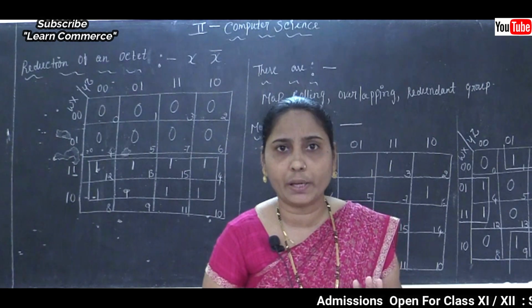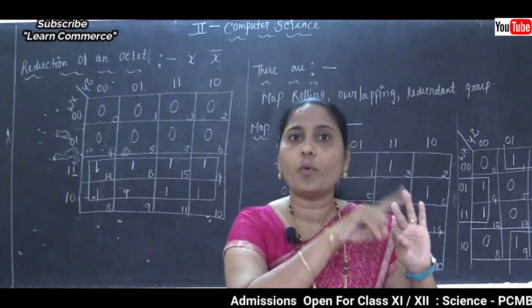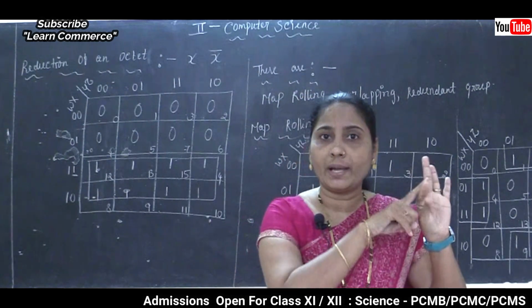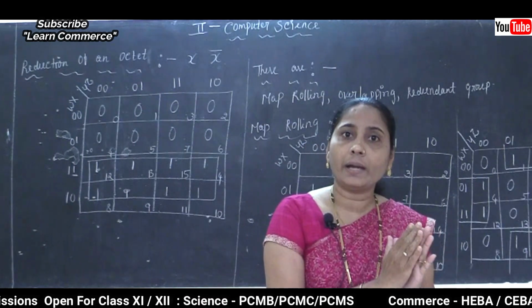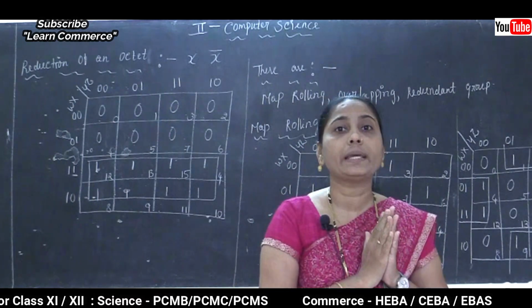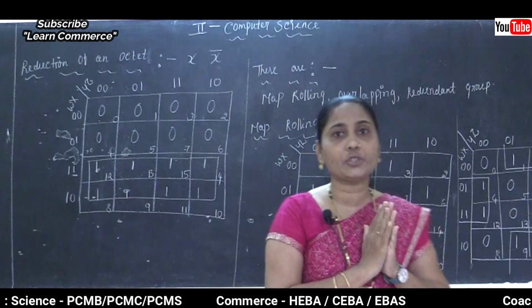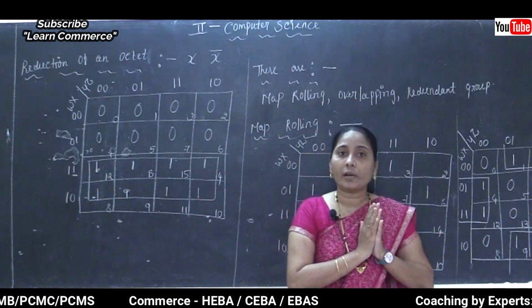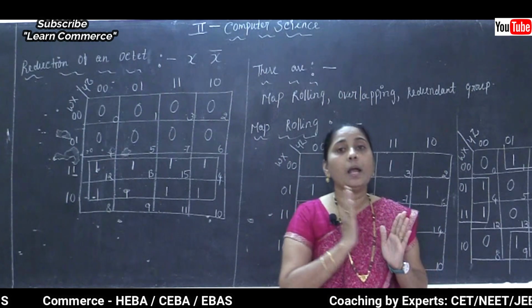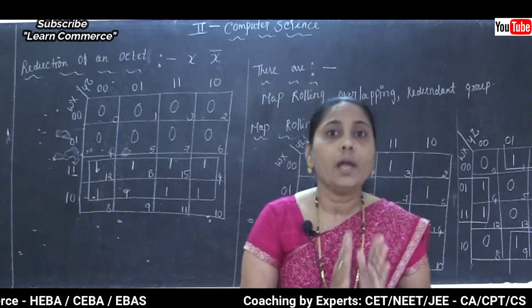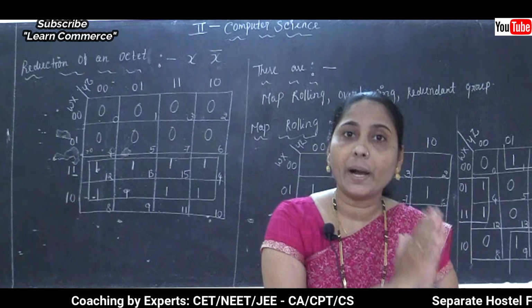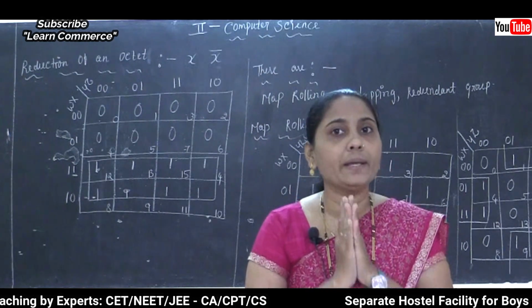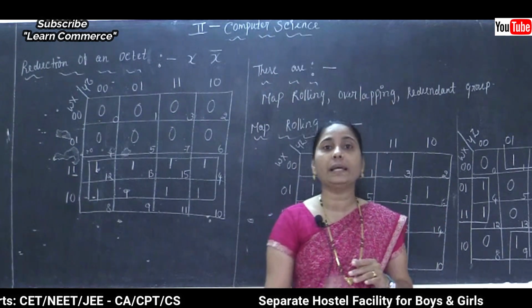The names of the variables are W, X, Y, Z. On the left side and also at the top of the K-map, the values are written using the binary code, also called the gray code.